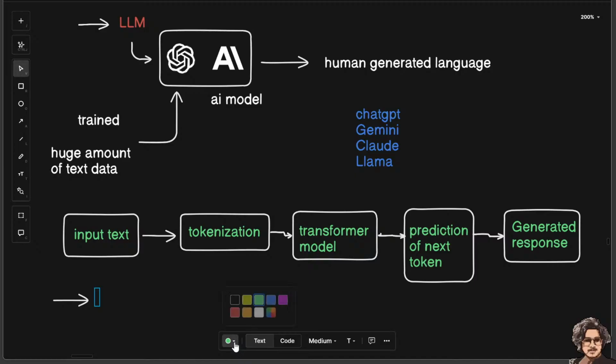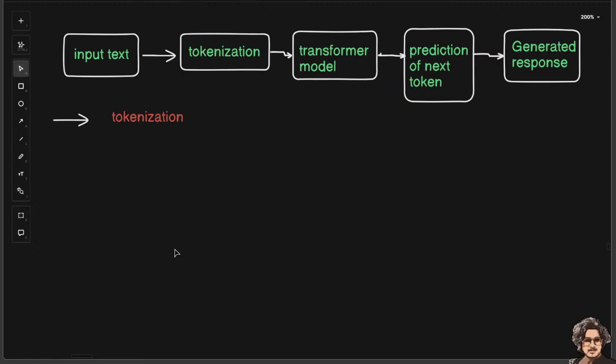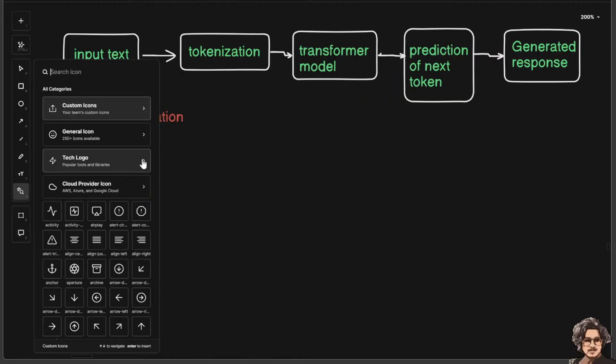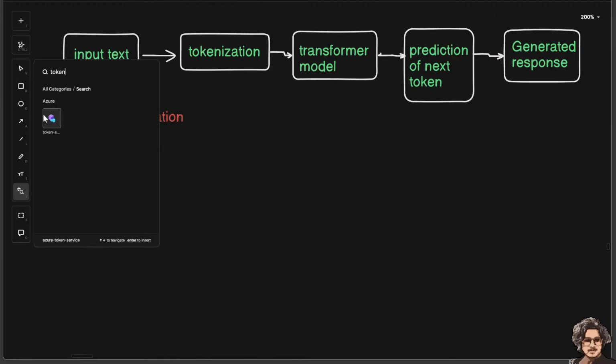And the second question is: what is tokenization? Breaking text into smaller units is known as tokens.